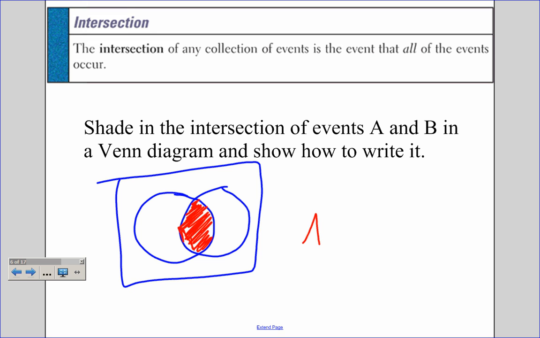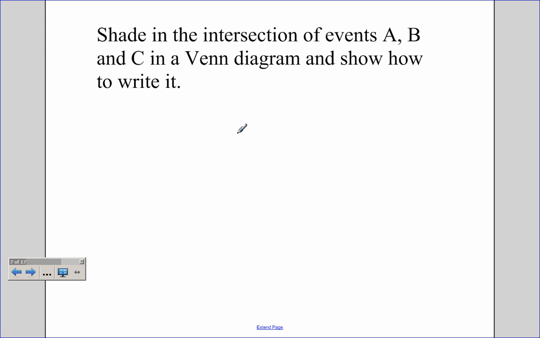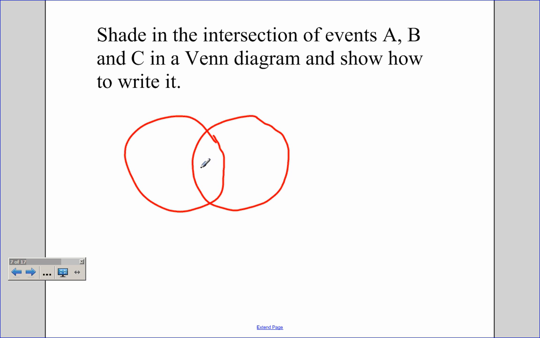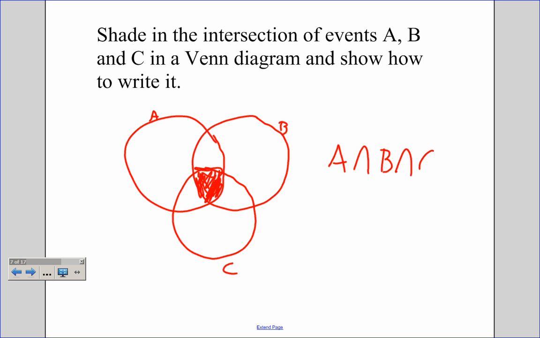We write that as A intersection B. Shade the intersection of A, B, and C. If this is A, B, and C, the intersection of all three of them will be right here. And we write that as A intersection B intersection C.